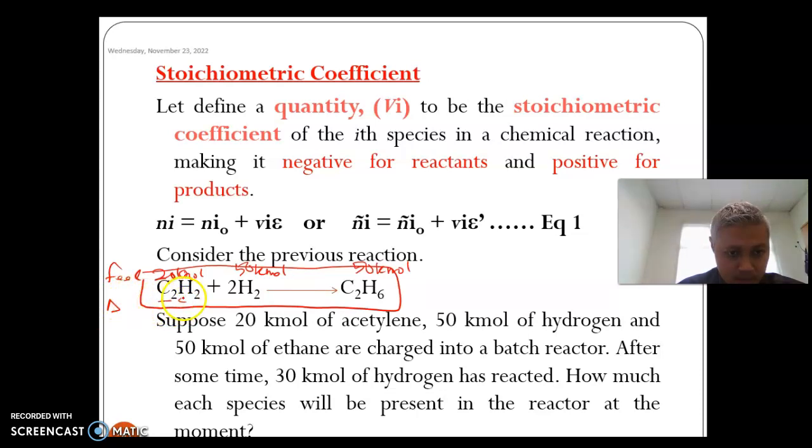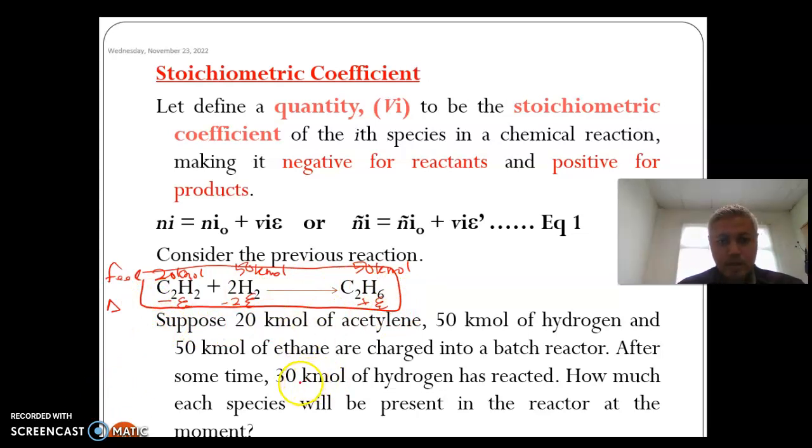So we have minus epsilon for C2H2, minus 2 epsilon for H2, because we have 2 moles here, and then plus epsilon for C2H6, because this is the product and we have 1 mole. In other words, we have this change, or stoichiometric coefficient, for this particular process.